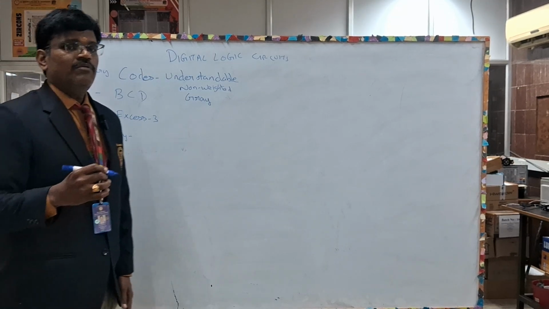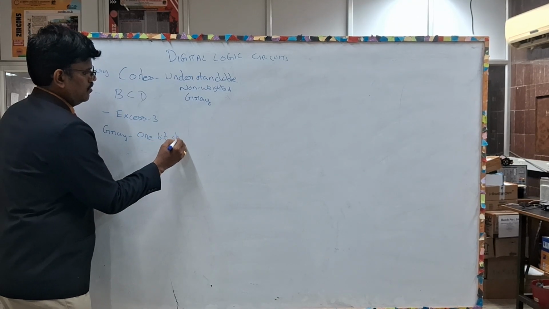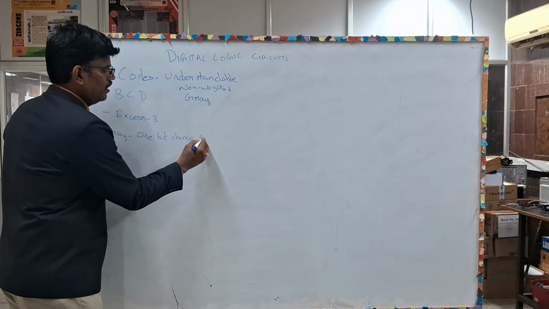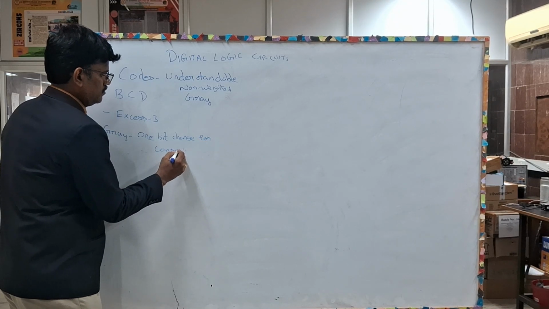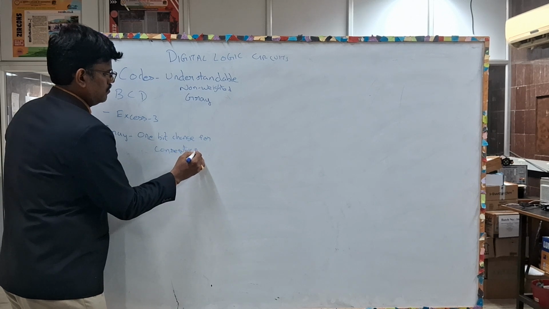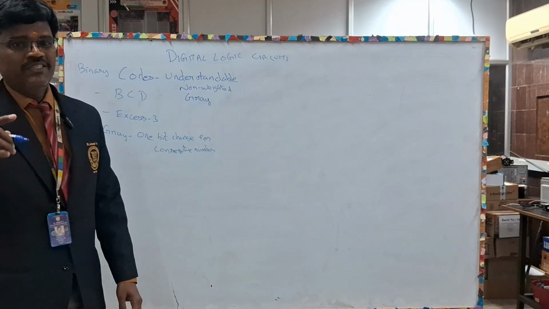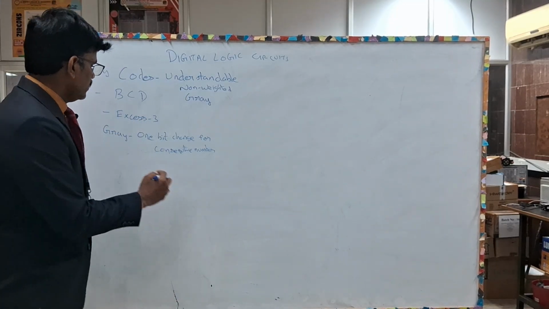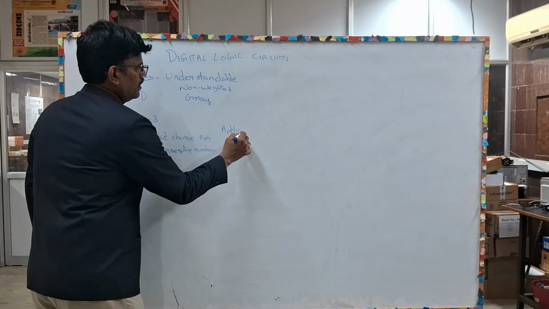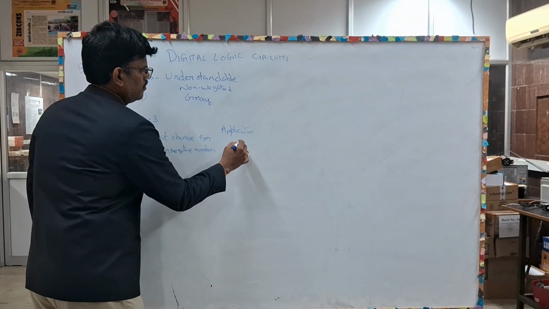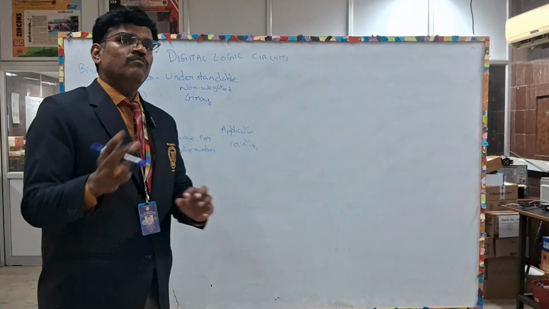In the gray code, it is available in such a way that there is only one bit change for consecutive numbers. So, it is applied for counting, because when you want to count, we cannot have many bit changes.